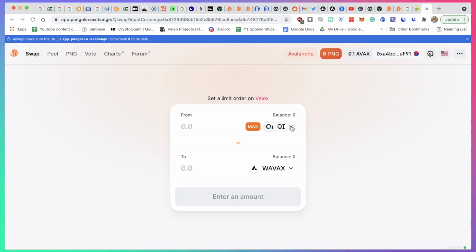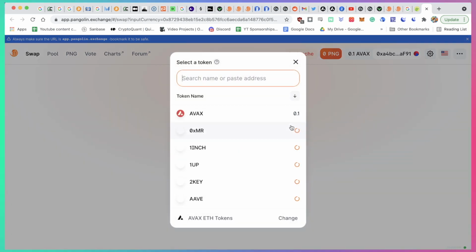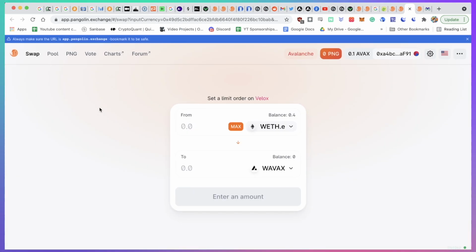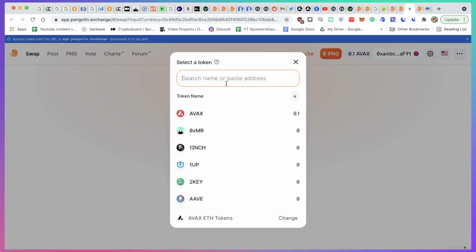So the first thing I'm going to do is change this Qi to the asset I have. And the asset I have is wrapped ETH. So I'm going to look for my ETH. All right, so it took me a little bit of time to figure out how I can actually swap my wrapped ETH for Avax tokens. It's not enough to just search for ETH because this is a different ETH on the Avalanche chain.